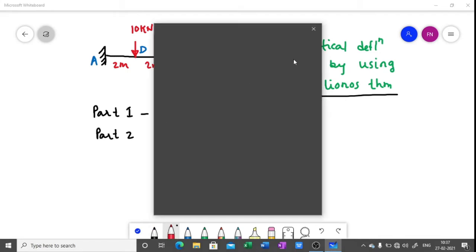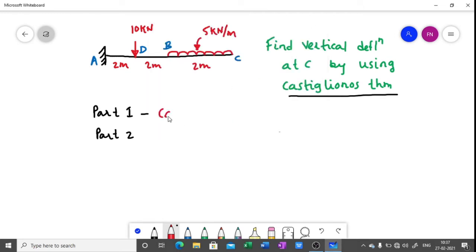Part 1 deals with the calculation of forces, and part 2 deals with the calculation of displacement, whether you are calculating the rotation or the deflection. So here the question is about calculation of displacement, particularly deflection at point C. We are required to use Castigliano's part 2 theorem.